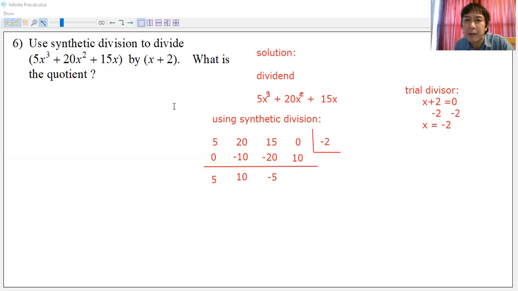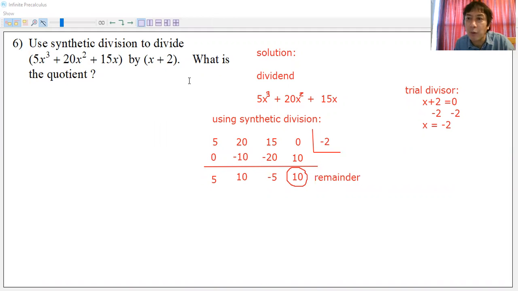Then the final addition, 0 plus 10. So we get a positive 10 remainder. So this is our remainder. We can type it there as indicated.